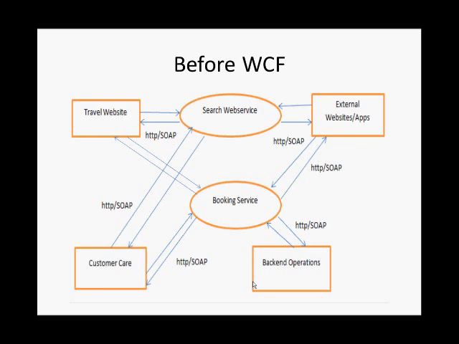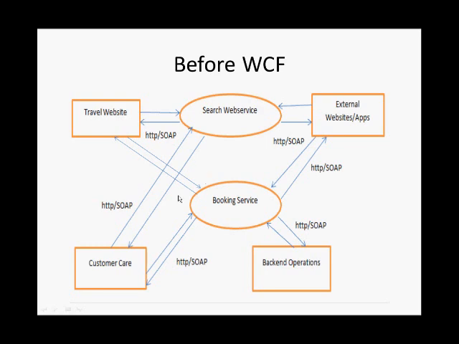So if you see, it's all fine. I have a search web service, so external parties will use that, even I will use that, my customer care will use that, my backend operations will use that. But if you see, everybody communicates using the SOAP protocol. Customer care uses HTTP SOAP, backend uses HTTP SOAP, my travel website uses HTTP SOAP, and the external websites also use HTTP SOAP.